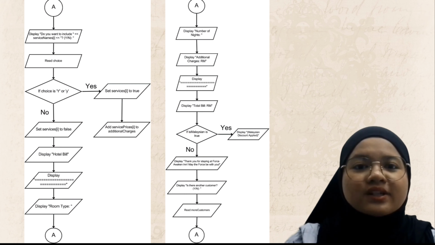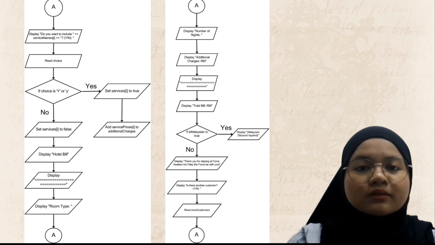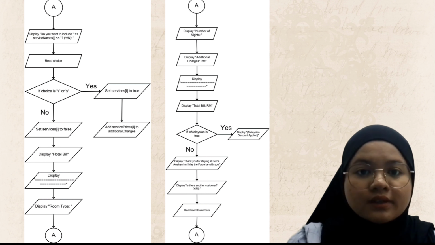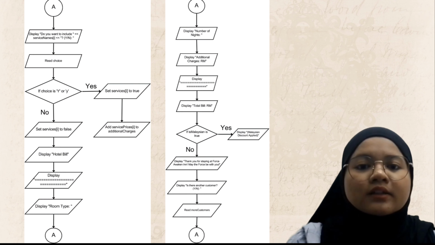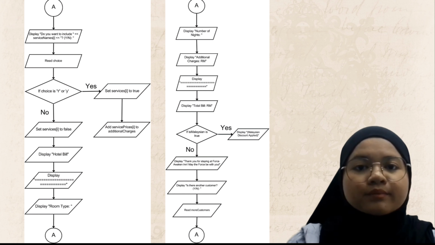If the user answer is yes, then the program will set service to true, and then add the service price to the additional charge. If the choice is no, then the program will set service to false and then move to the next step.